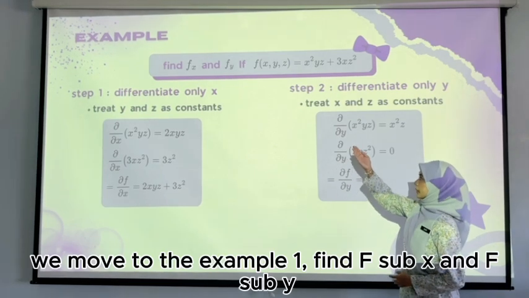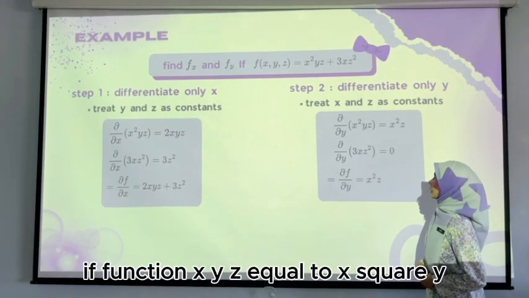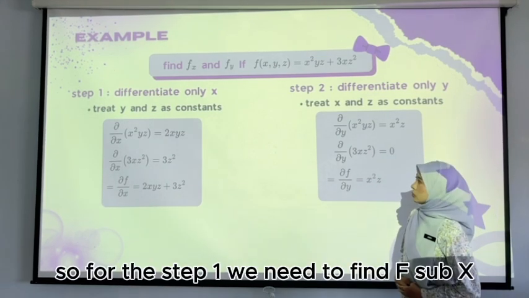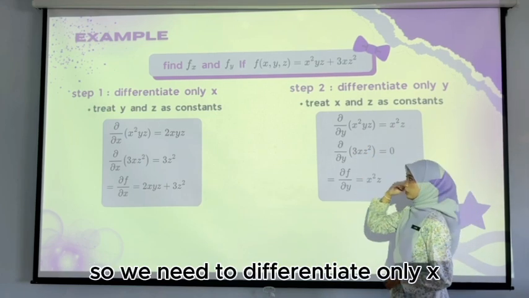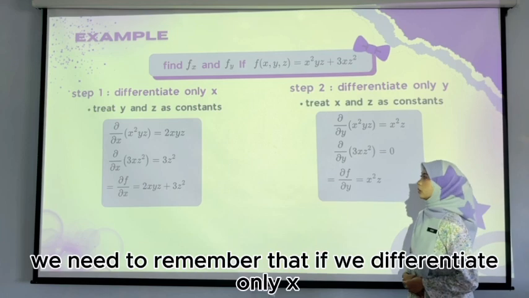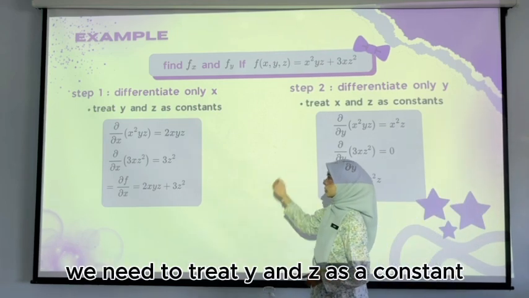Find f sub x and f sub y if f(x, y, z) equals x squared yz plus 3xz squared. So for step 1, we need to find f sub x. So we need to differentiate only x, and we need to remember that if we differentiate only x, we treat y and z as constants.